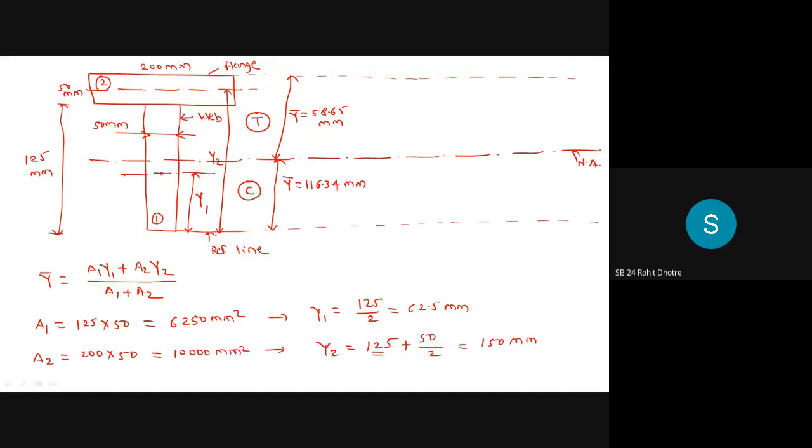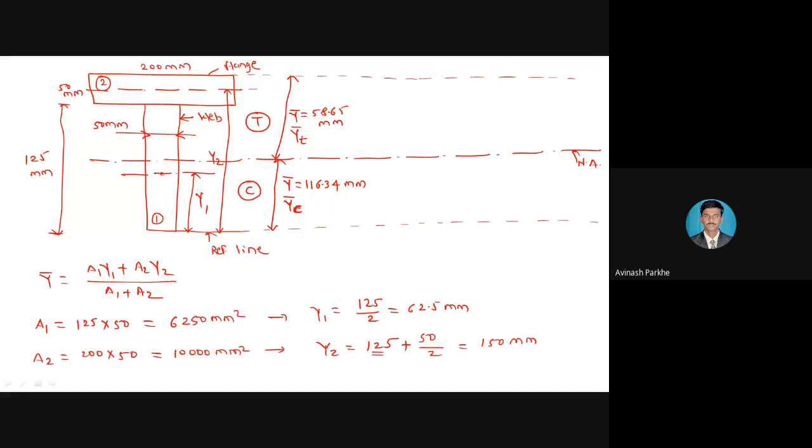Therefore, the Y bar represented below the neutral axis, 116.34, is also called yc, or y bar c, because it represents compression. Above the neutral axis, the section is subjected to tension, and the Y bar we have calculated is 58.65. Therefore, this Y bar is called y bar t.